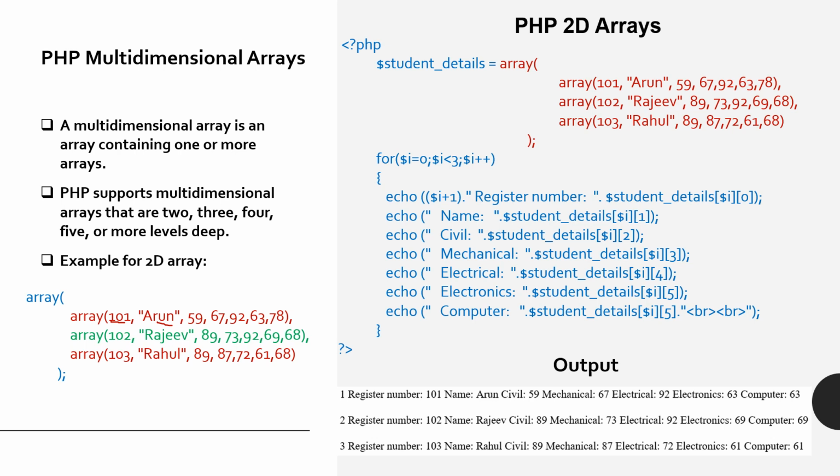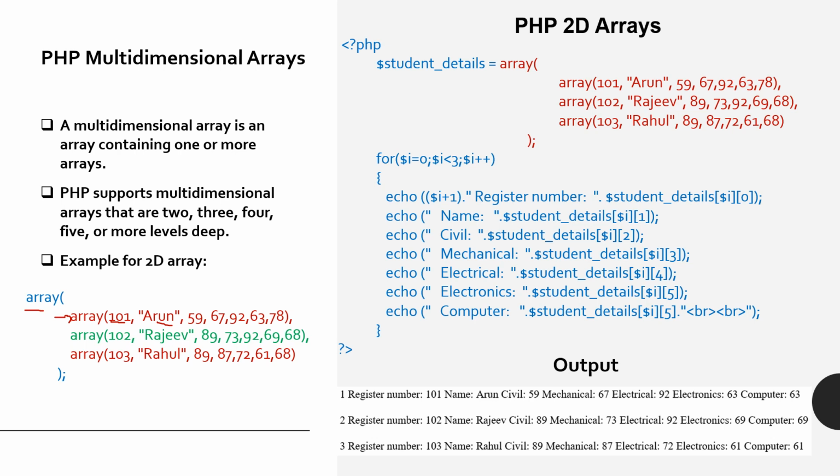So these 3 arrays we store in another array. Internally we have 3 elements. So first element is one array, another element is another array, like that. Again, this array internally, if you see, it has got different values like register number, name, and all.